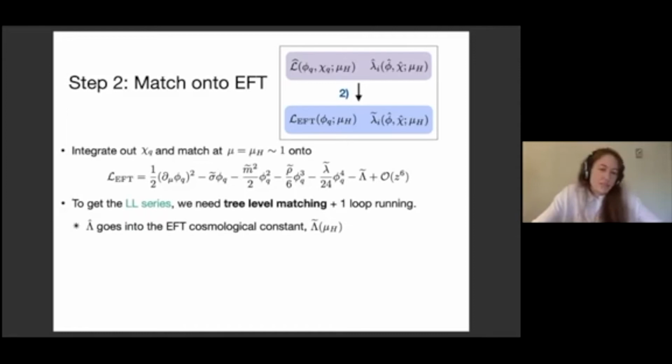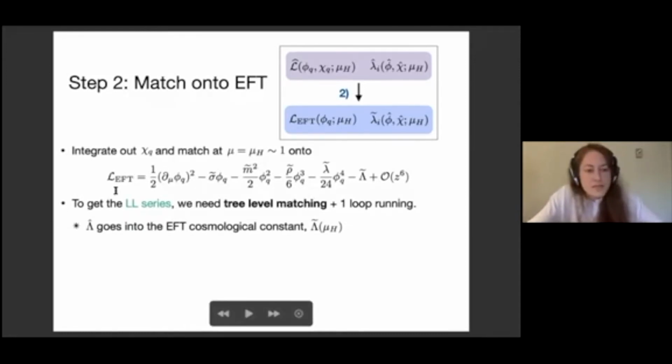I'll give two examples. Example number one is that this hatted cosmological constant, which remember had V tree, goes into the matching of the EFT cosmological constant at the matching scale, mu high.